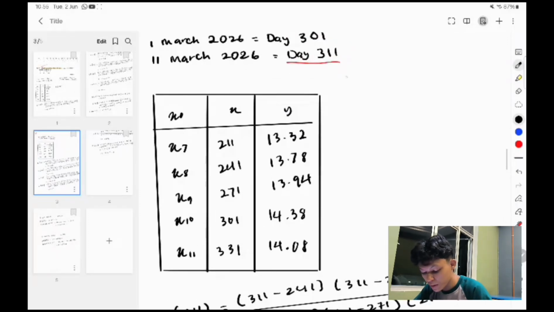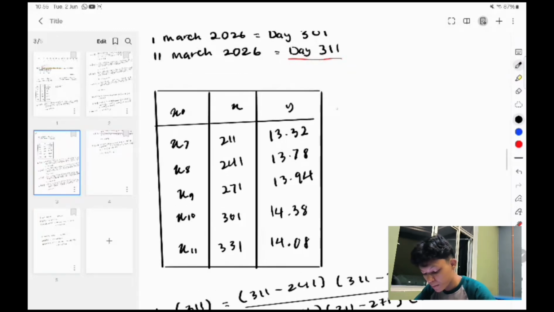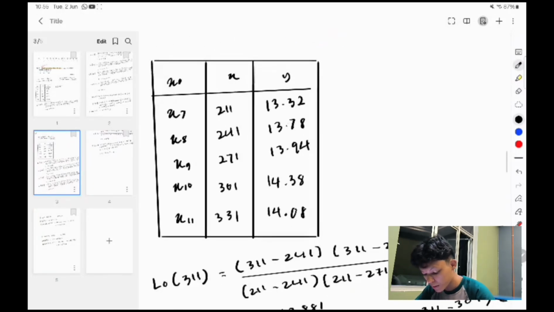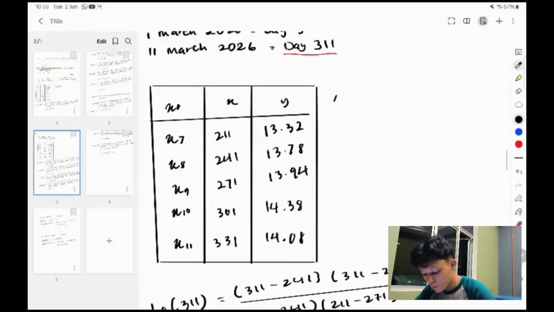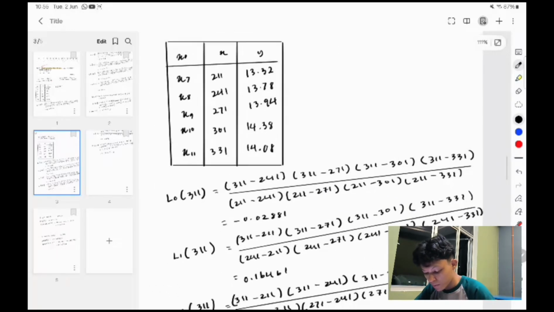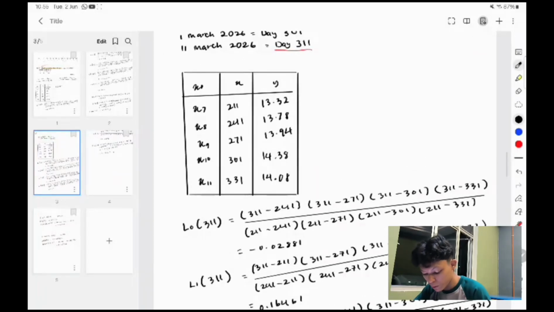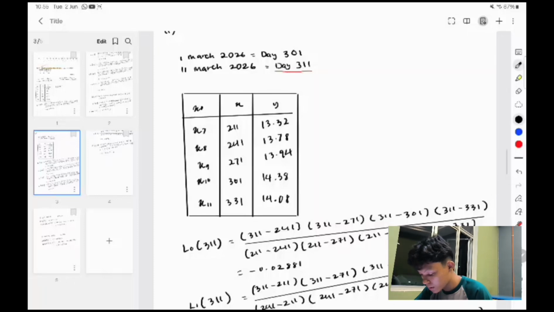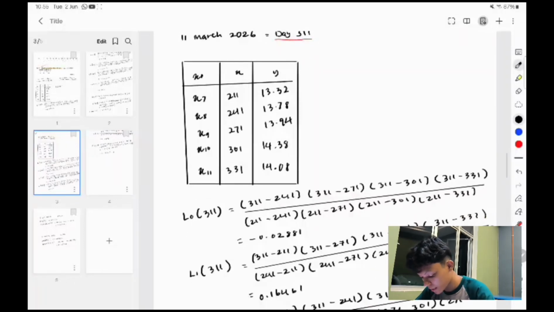And from the graph I collected 5 data points, which will be used to find the value on this day. Also, we use the same formula. We will find P4(x), where x here is 311, and from the same formula we need to find L.